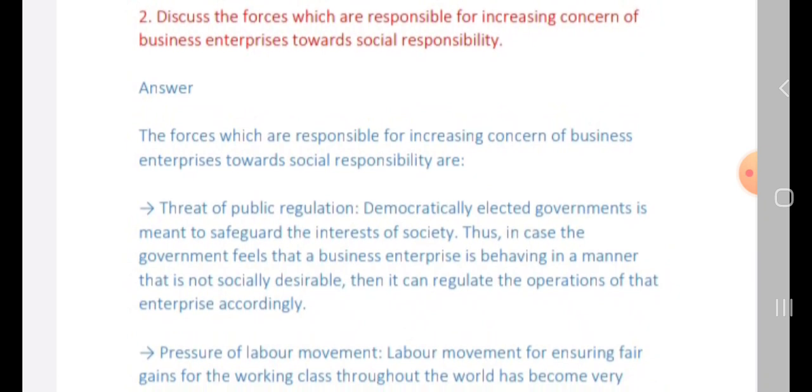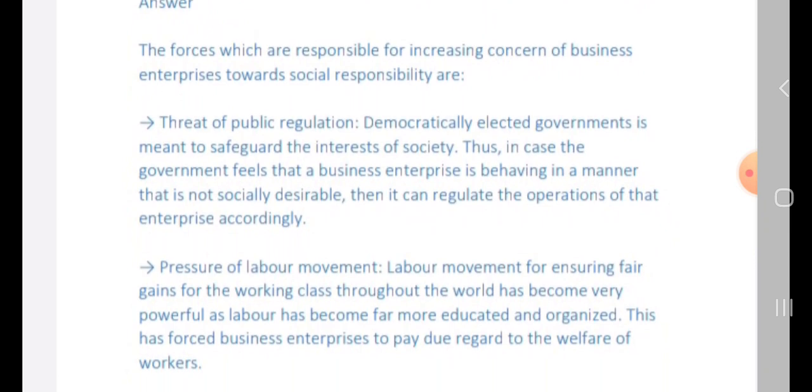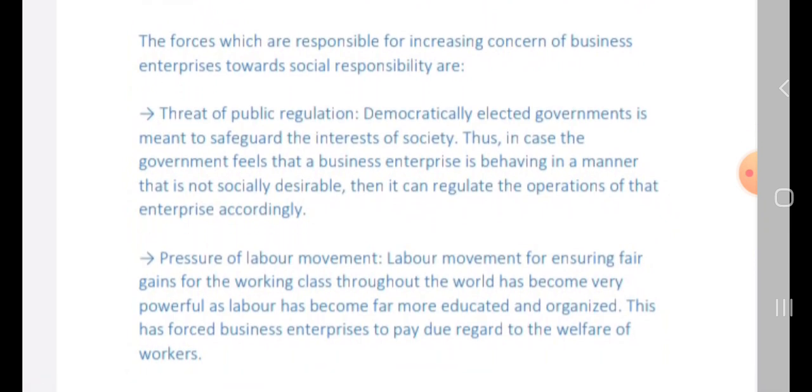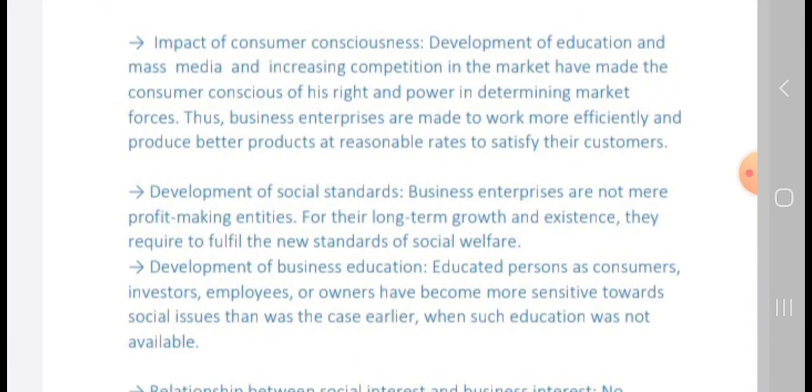Let us discuss the forces which are responsible for increasing concern of business enterprises towards social responsibility. They are: threat of public regulation, since a democratically elected government is meant to safeguard the interest of society; and pressure of labor movement. The labor movement for ensuring fair gains for the working class throughout the world has become very powerful, as labor has become more educated and organized.